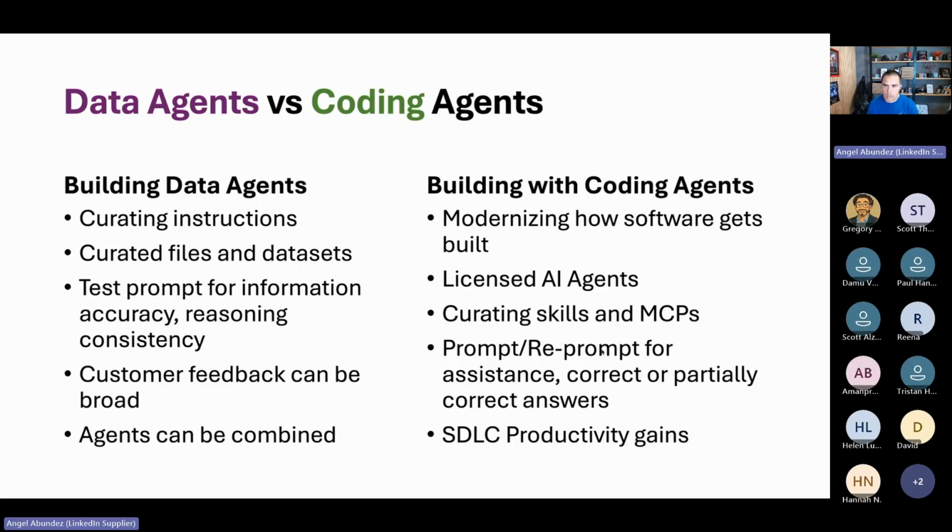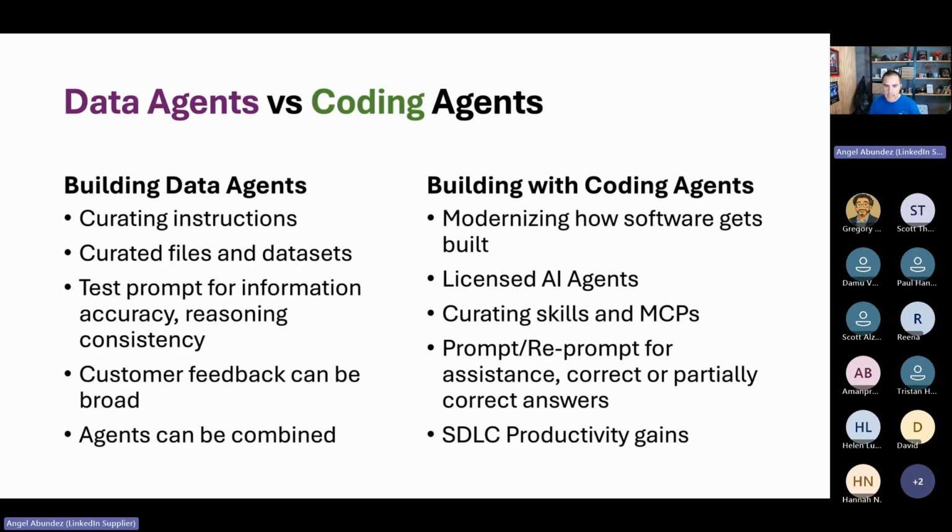When it comes to coding agents, you're going to be providing skills and what are called MCPs, model context protocols, where you are teaching the agent how you write code, or how you organize your code, or how you deploy code. And it's very different. It's not the same.